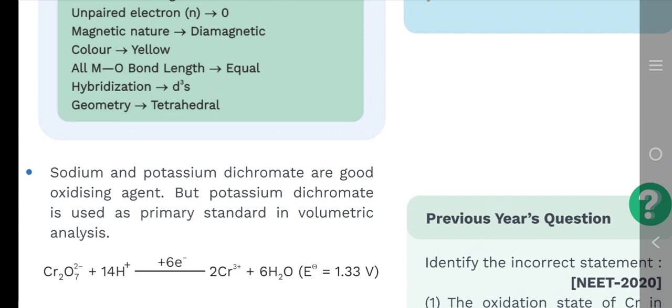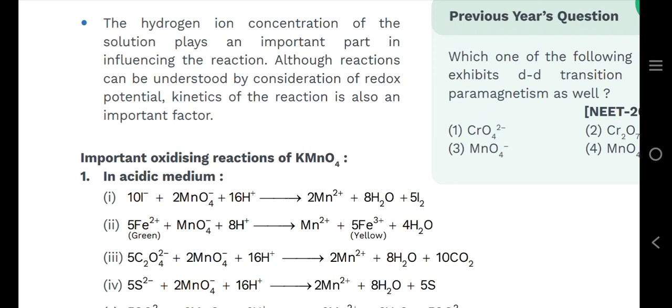Cr2O7 2- plus 14H+ in the presence of 6 electrons gives 2Cr3+ plus 7H2O. Here are a few examples of reactions involving oxidation by Cr2O7 2-.